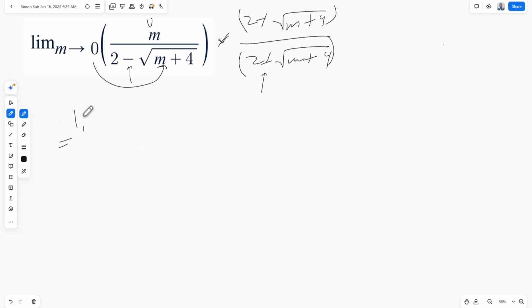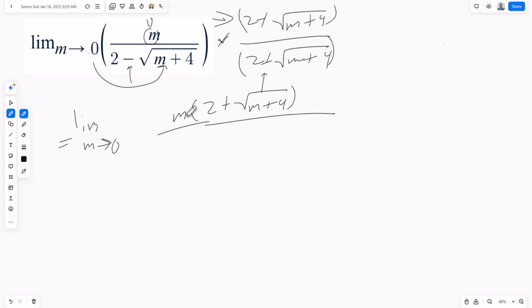So we have the limit as m approaches 0 of m all over, and then the top will be 2 plus root of m plus 4, times the numerator m. And in the bottom we'll have 2 squared, because 2 times 2, so we have 4.